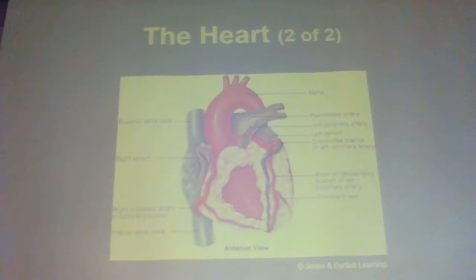Which artery? What gets V5 and 6? Circumflex. So I have the circumflex and the LAD, right? So does it make sense that the blockage is in the left main? Yeah. That's called the widowmaker.